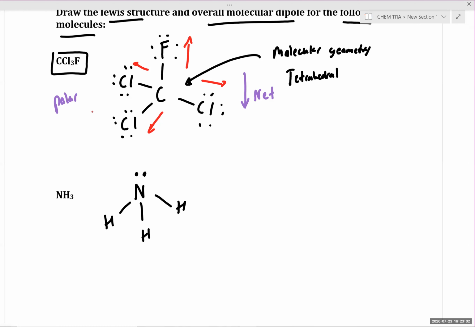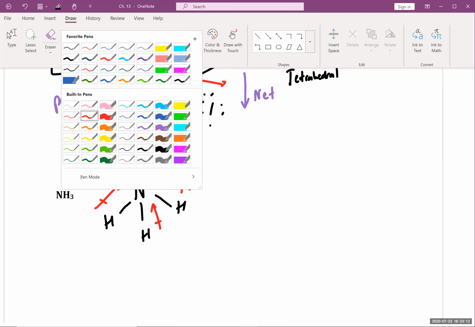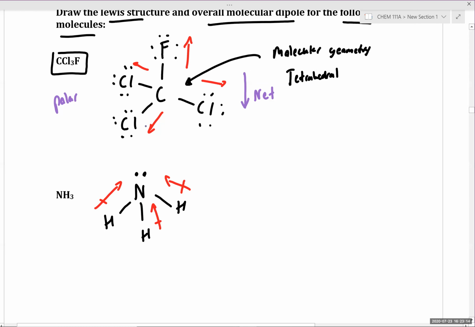Looking at the nitrogen-hydrogen bond, we have multiple polar bonds polarized towards nitrogen. So where is our net dipole going to point? Towards nitrogen or hydrogen? It's going to point up towards nitrogen. Exactly right.